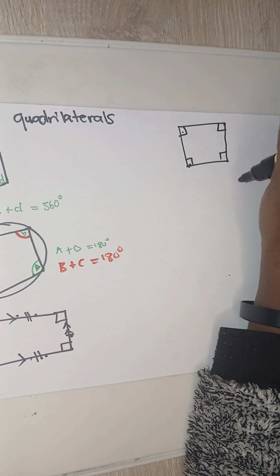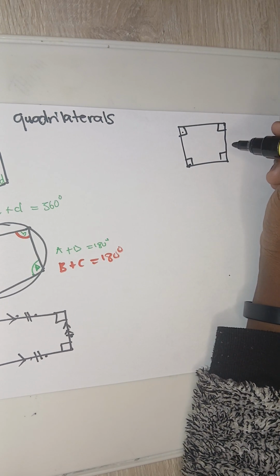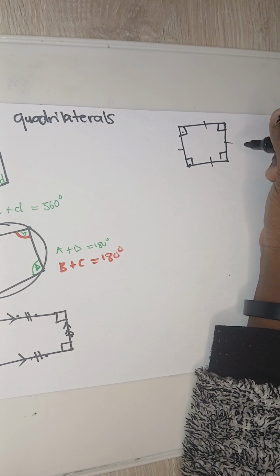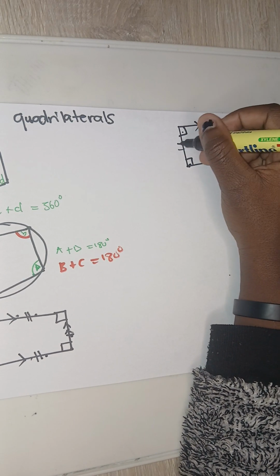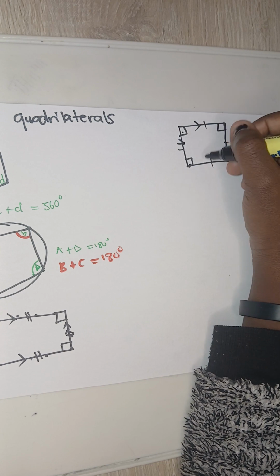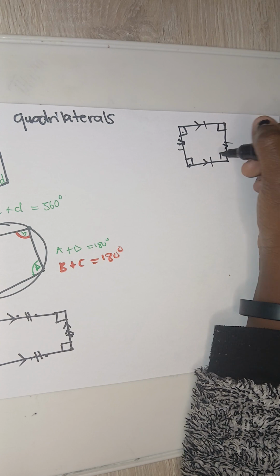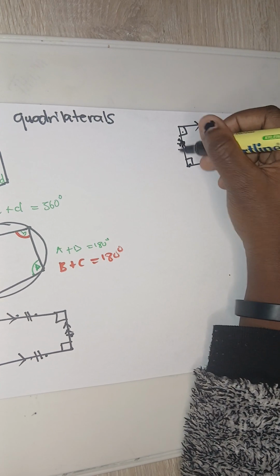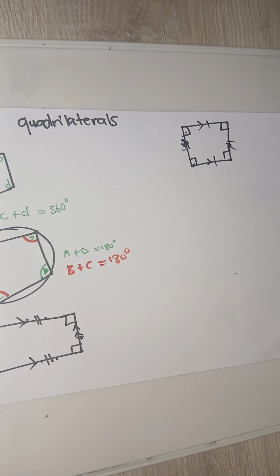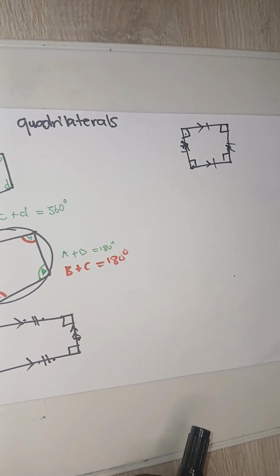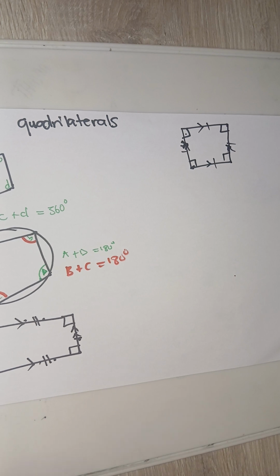Again, they are all 90 and all equal and all parallel. They are all parallel, as you can see. Again, we have a parallelogram.